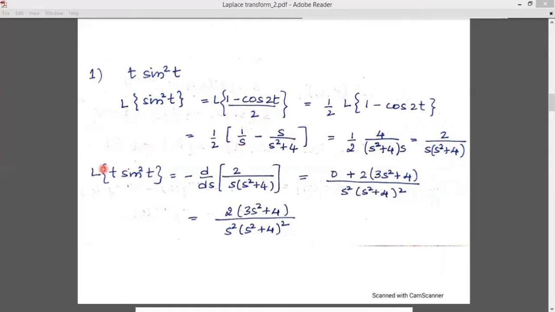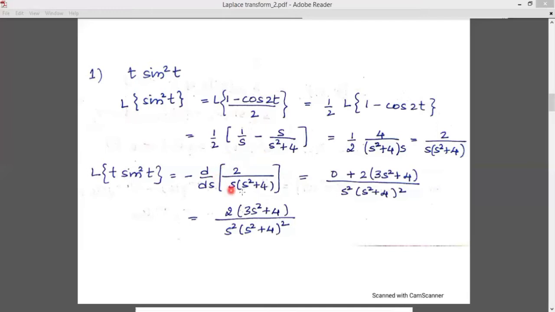If it is t, we differentiate this once and multiply by minus 1 to the power 1. Suppose it is t square, then we differentiate twice and multiply by minus 1 whole square. Here they asked for t sine square t, so I am differentiating once with respect to s and multiplying by minus 1.